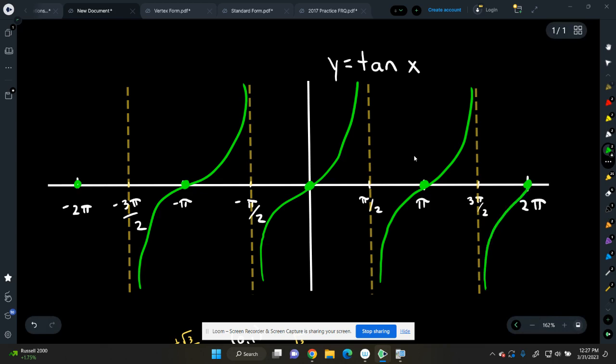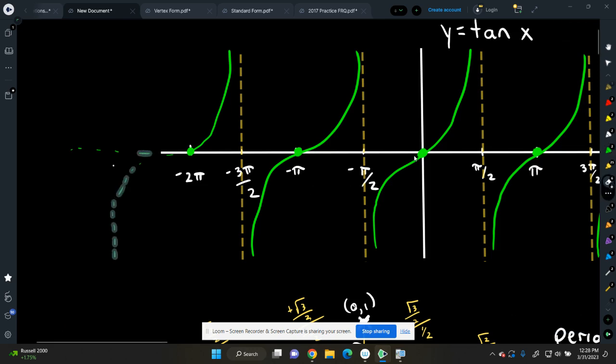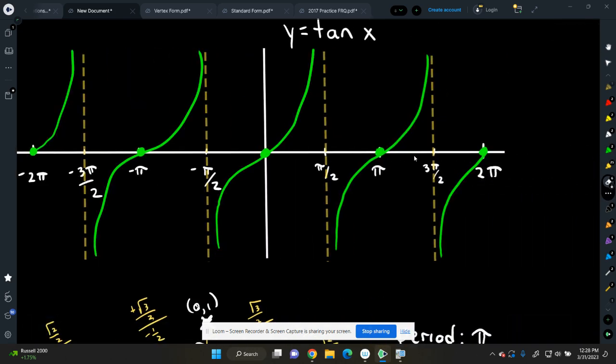So it's going to be like that. And on this end, if I were to extend this out further, it would be going like this. Here we're getting the top half of it. That's your tangent function. Very different than sine and cosine. Tangent's pretty easy to recognize. So that's your tangent function.